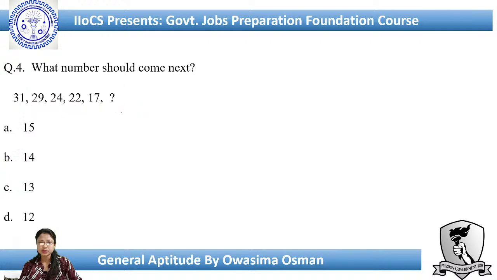Next, what number should come next? Here we can see that 29 is less by 2 than 31, 24 is less by 5 than 29, 22 is less by 2 than 24, and 17 is less by 5 than 22.